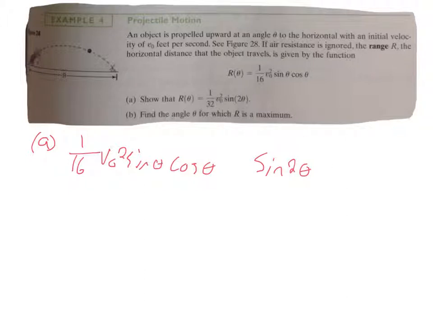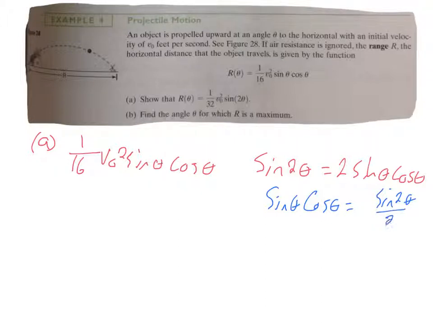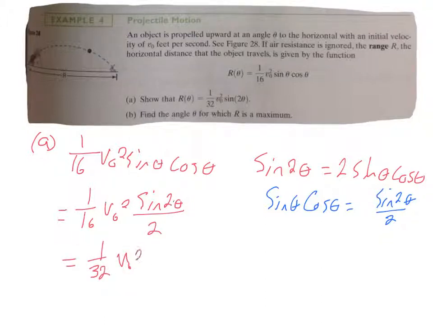So sine 2 theta is equal to 2 sine theta cosine theta, meaning sine theta cosine theta is equal to sine 2 theta over 2. So if I substitute sine 2 theta over 2 in there, I will get 1/16 v naught squared sine 2 theta over 2, which will give me 1/32 v naught squared sine 2 theta. So I've shown how that can be derived.